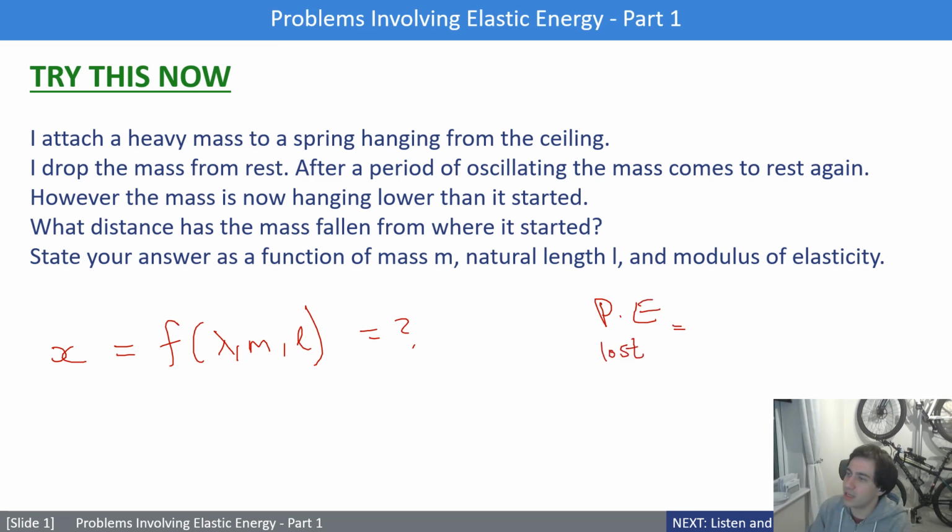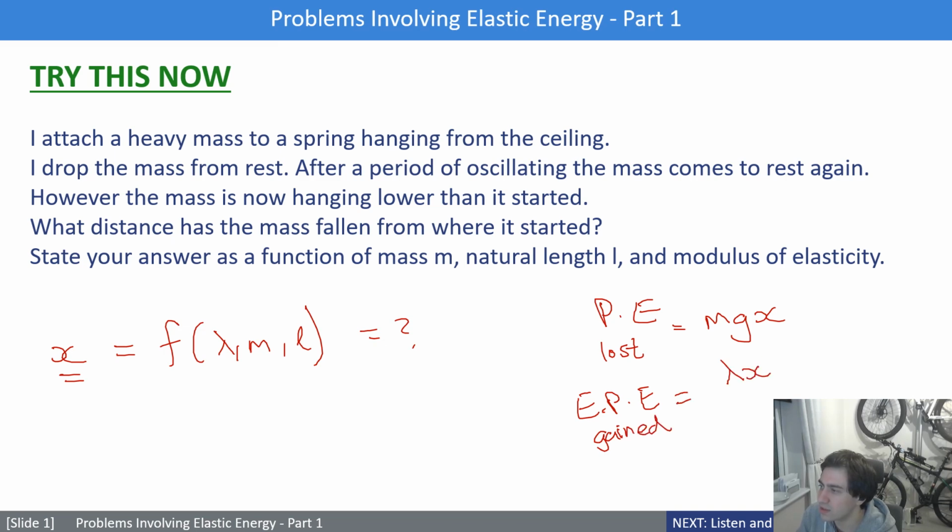Well, if we say x is the distance it's dropped, which is what we're trying to work out here, then it's going to be the mass times gravitational constant g times the height that it's gone down, or in this case x. The elastic potential energy gained is just going to be the formula, right? It's going to be modulus of elasticity x squared all over 2 times natural length. So therefore these two are equal.